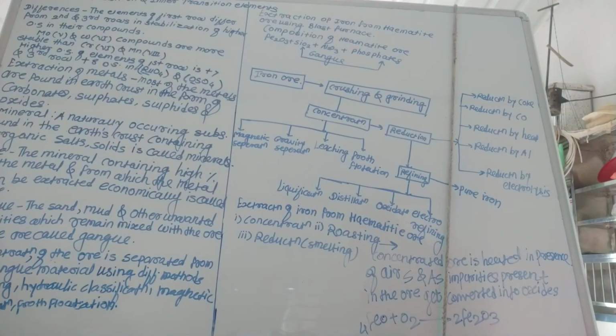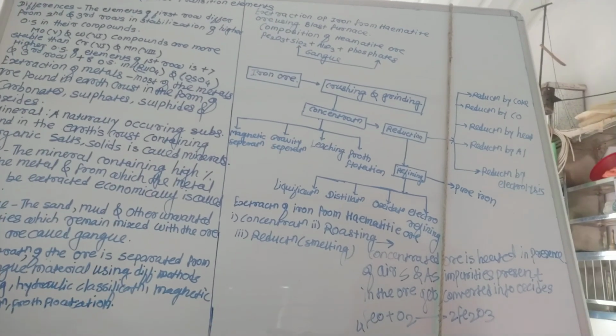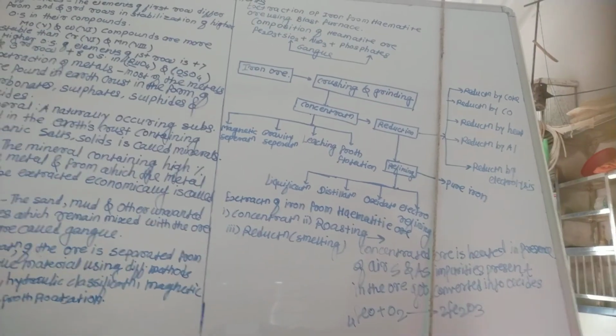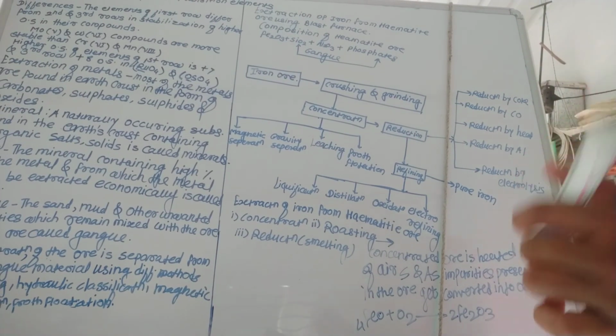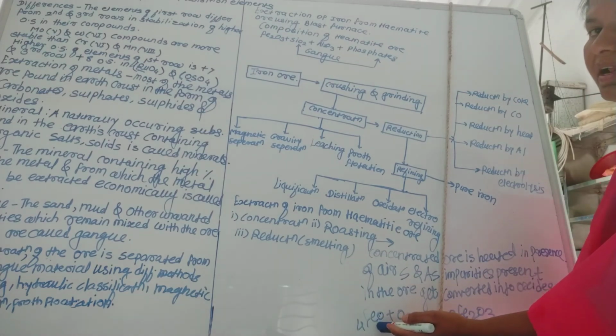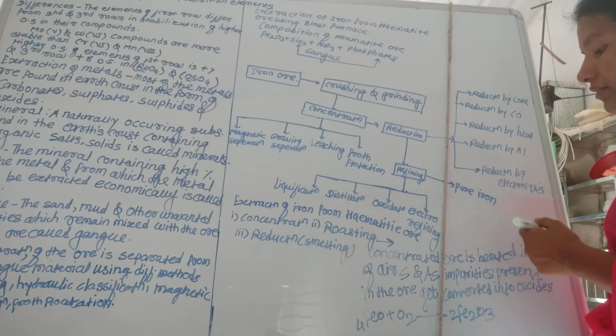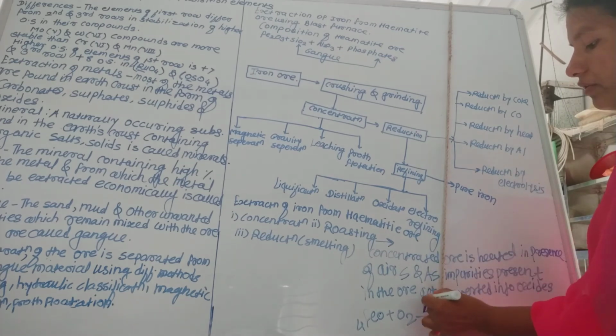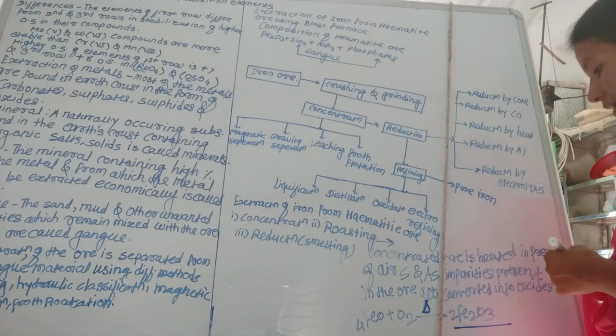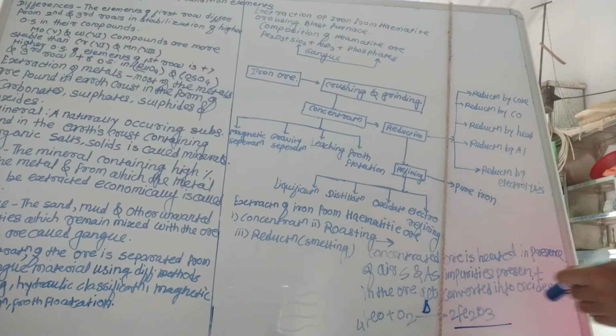How is it extracted? You can just see here. This is your ferrous oxide, and you do oxidation with the help of air, and you heat, and you get ferric oxide as a product in the roasting process.